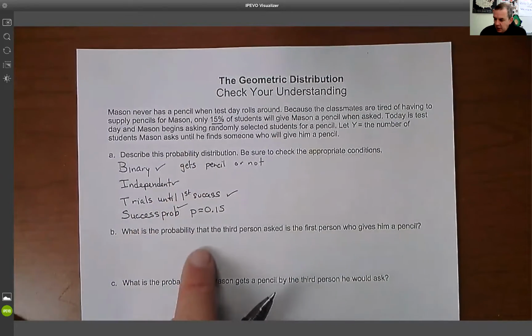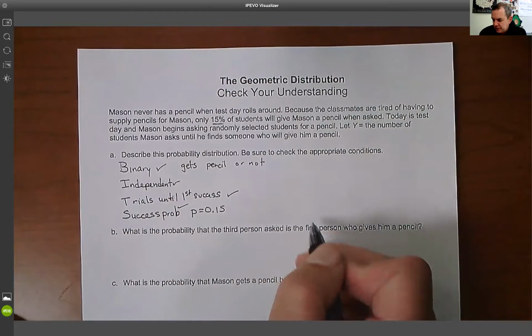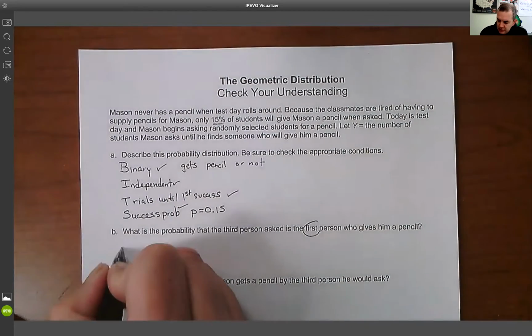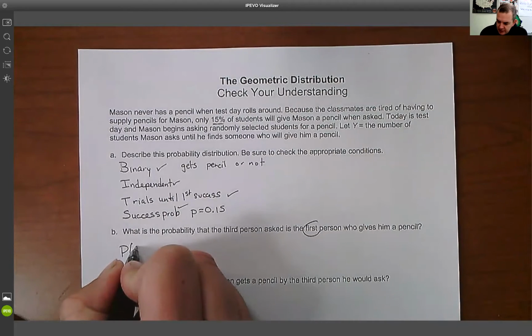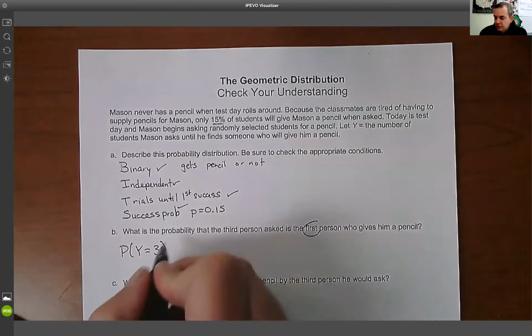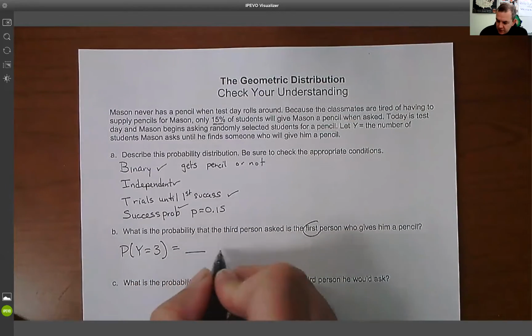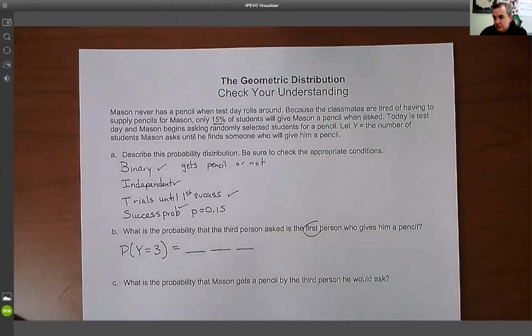So what is the probability that the third person asked is the first person who gives him a pencil? So it's saying, what is the probability that when he goes around and asks, that third person? So kind of visually, what I want you to see is this. That's saying the first person, the second person, and the third person.